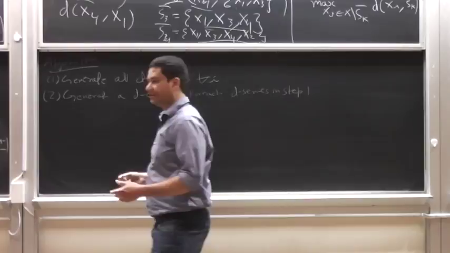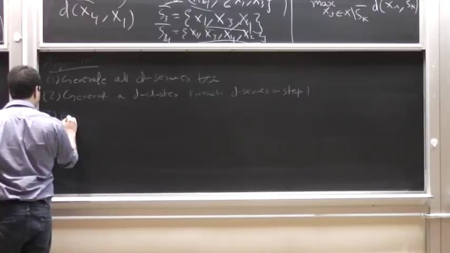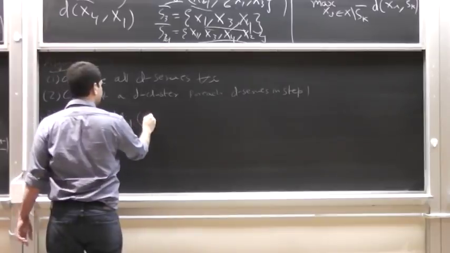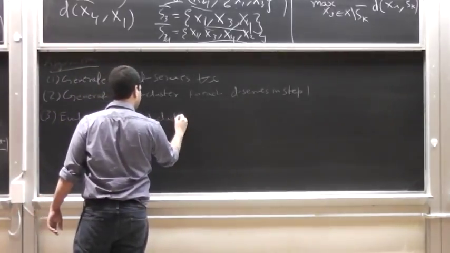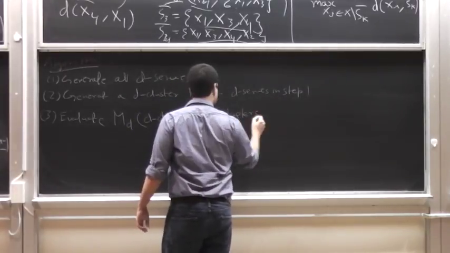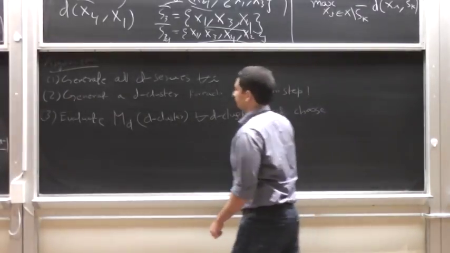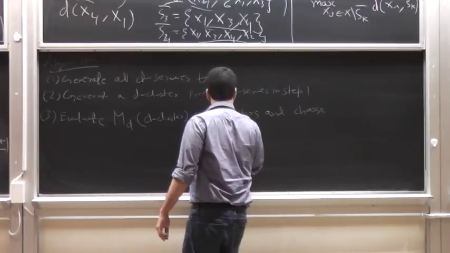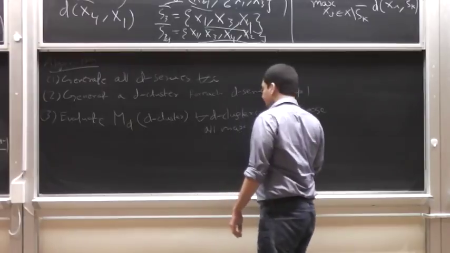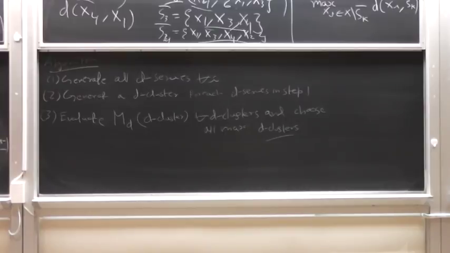Step 3: Evaluate MD of D clusters for all D clusters, and choose all maximum D clusters. You return this. Those would optimize that global.